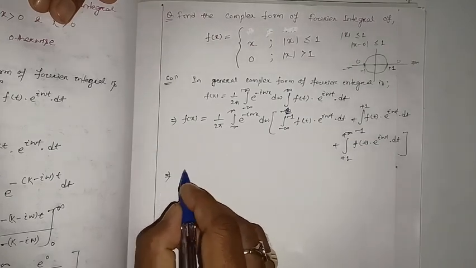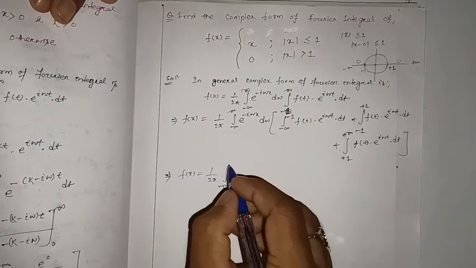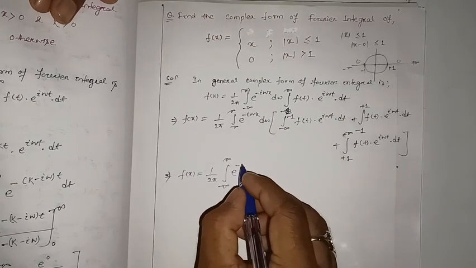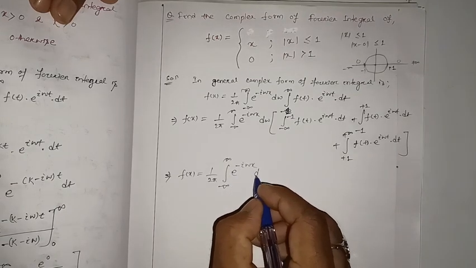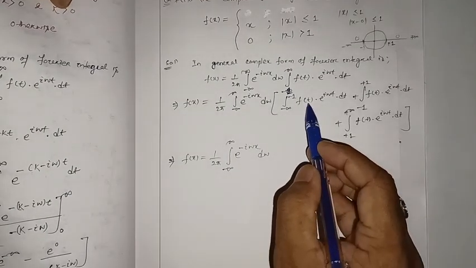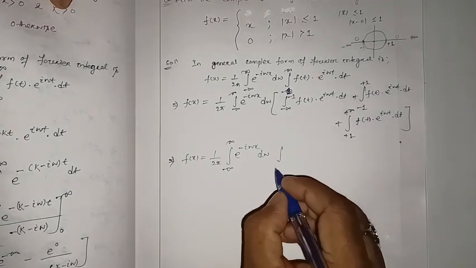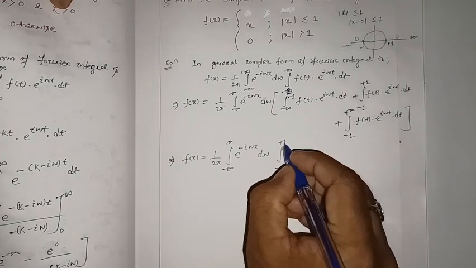So that implies f of x equal to 1 by 2 pi, integral from minus infinity to plus infinity of e to the minus i omega x d omega, times the integral where the first and last parts will be 0 since f of t is 0, only this one remains, that means minus 1 to plus 1.